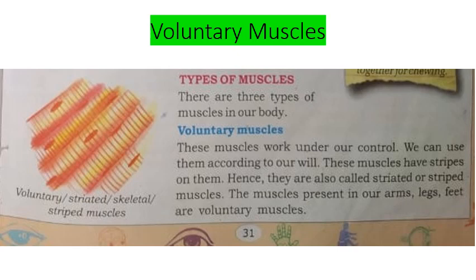You can see in the picture on the left side that there are stripes on the muscles. The muscles present in our arms, legs, feet are voluntary muscles. Voluntary muscles are also known as skeletal muscles, as they are attached to the bones.